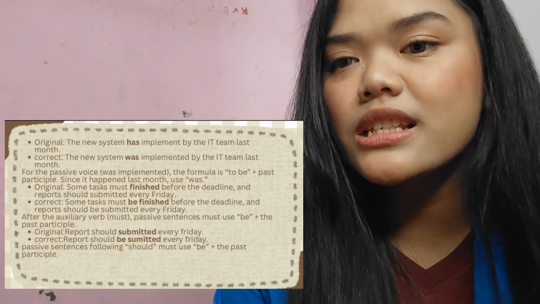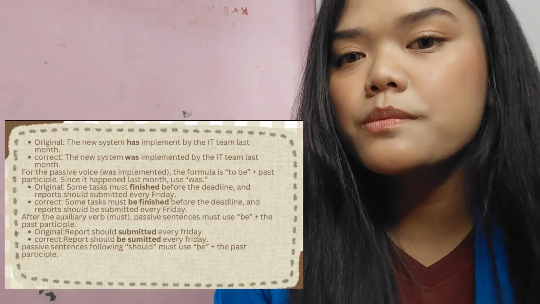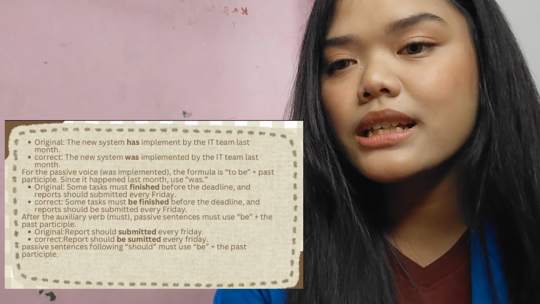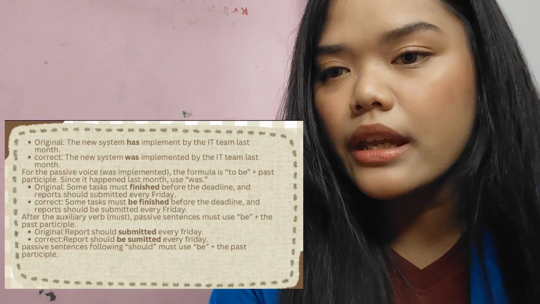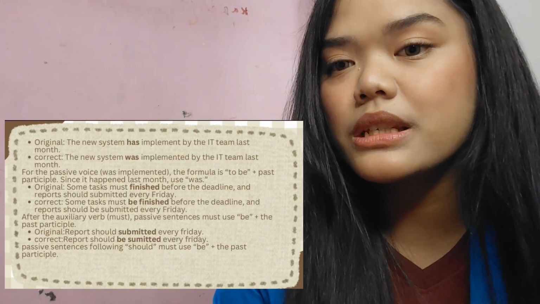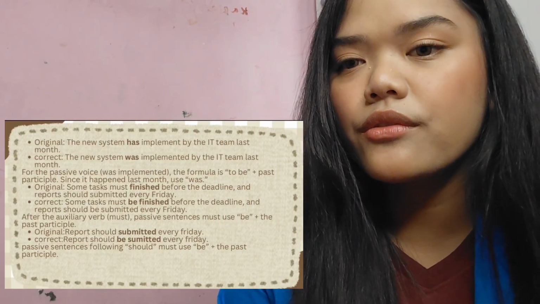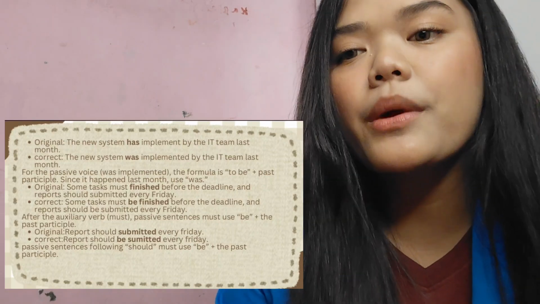After the auxiliary verb, a passive sentence must use be plus the past participle. Next is "report should submitted every Friday." The correct: report should be submitted every Friday. Passive sentences following should or must use be plus the participle.